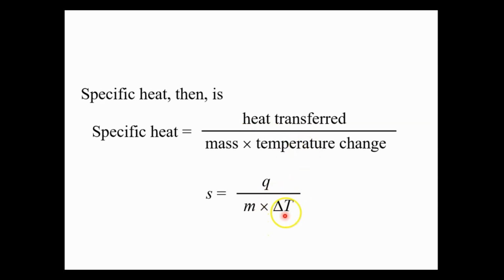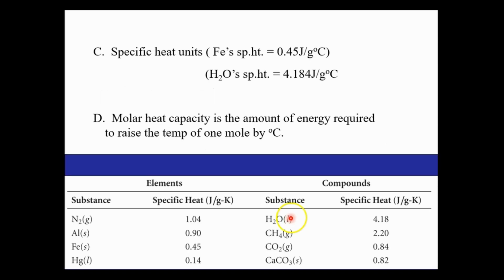Same thing here. The temperature change is something you measure, like 10 degrees, 5.6 degrees, whatever. So when you divide by a delta T, a temperature change, you get a unit of just a degree C in the bottom. Same thing with grams.